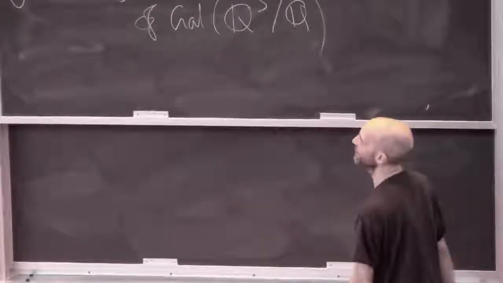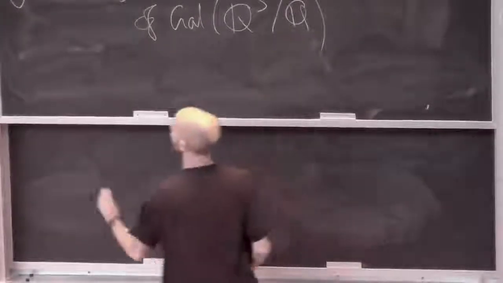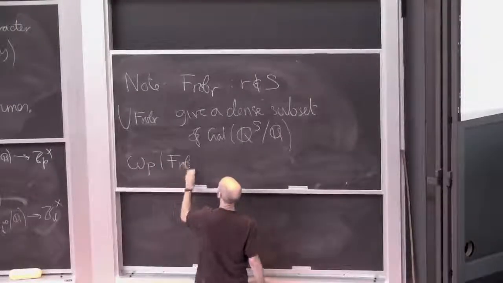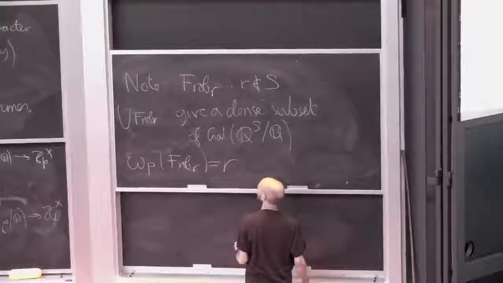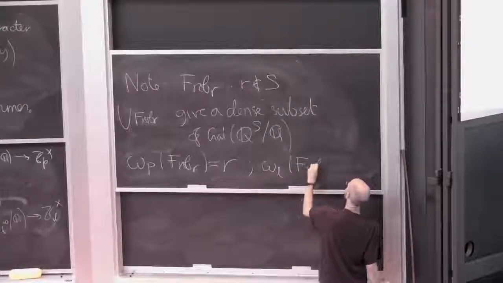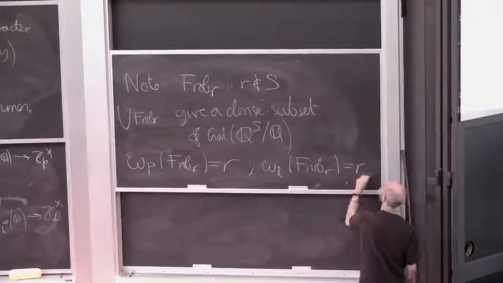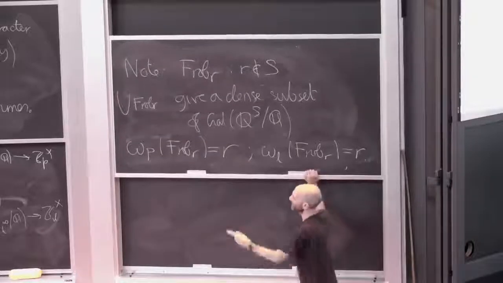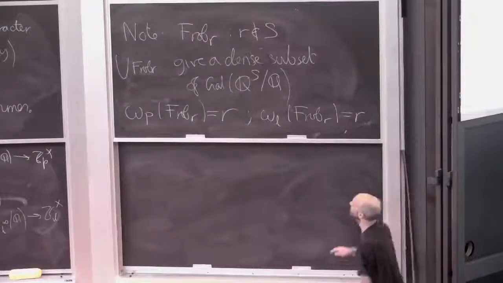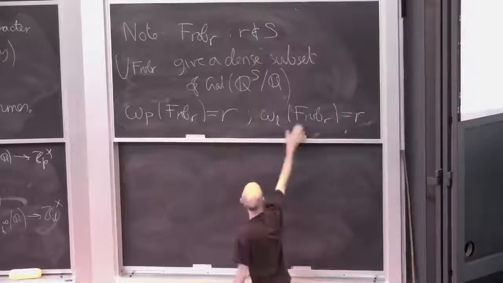And omega_p and omega_L, right? Omega_p of Frob_r is equal to r, right? And omega_L of Frob_r equals r.